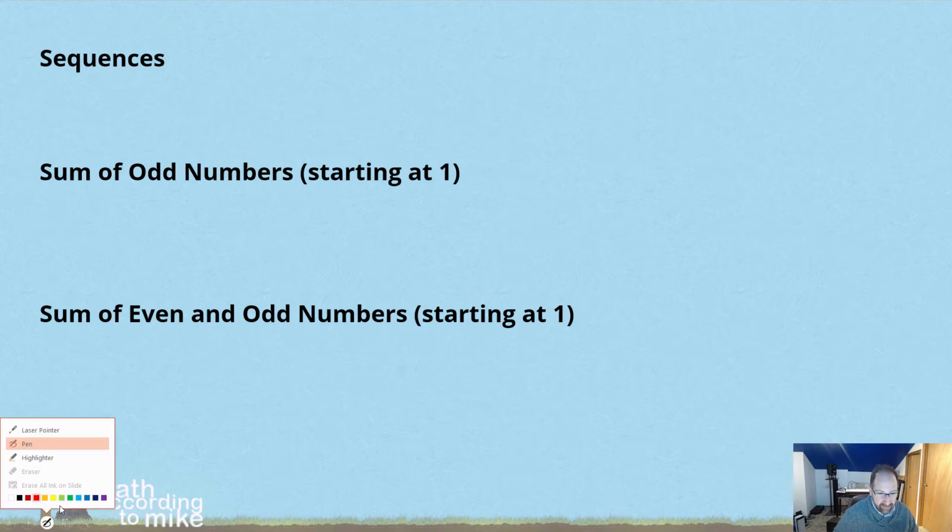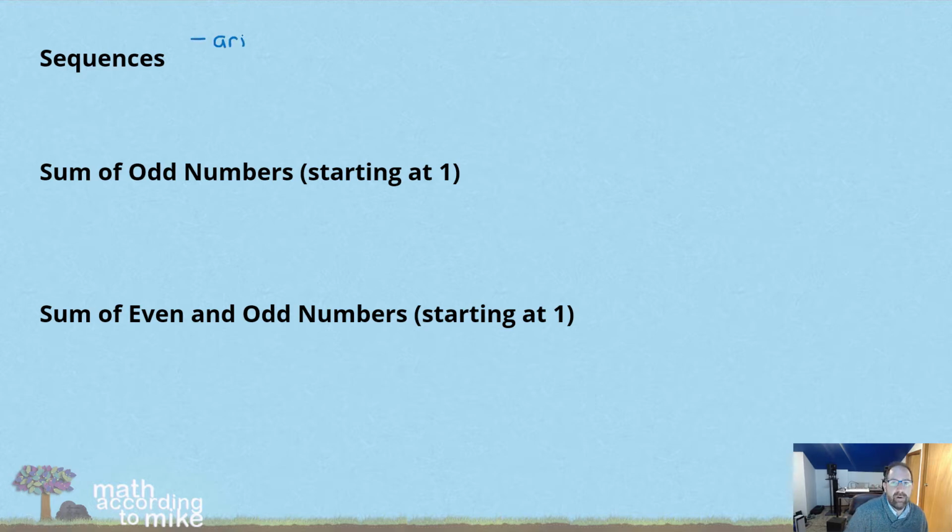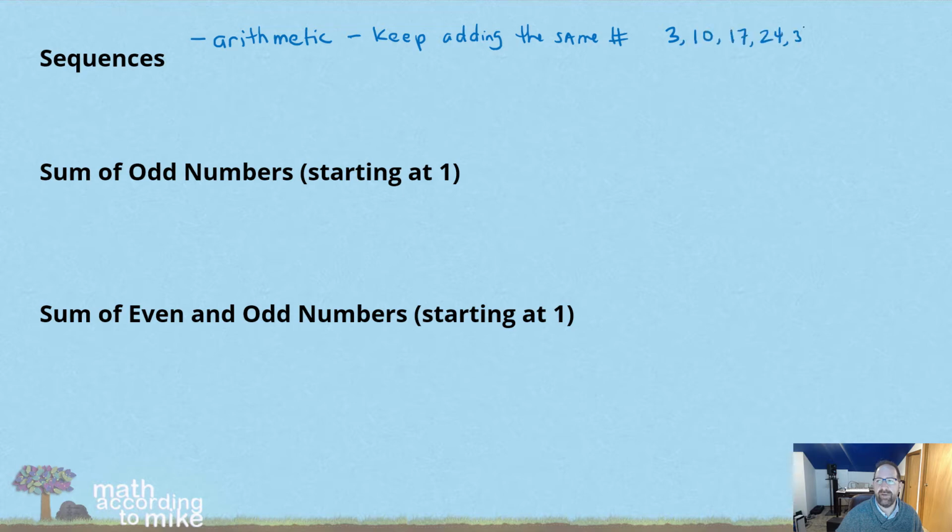They are going to be arithmetic. Arithmetic is when you keep adding the same number repeatedly. So, for example, 3, 10, 17, 24, 31.